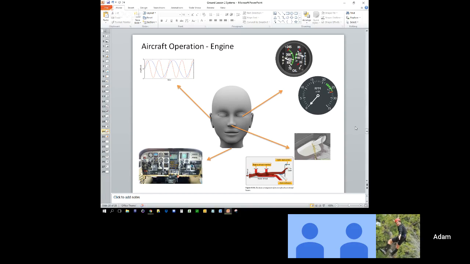So I made this kind of crude visual, but you've got your pilot and you're flying your airplane. And as far as engine operation, normal and abnormal operation goes, you're going to see it, you're going to feel it, and potentially you're going to smell it. From the very first day you start flying airplanes, you're going to be taught how to listen to the engine and what it's giving you from a feedback perspective, from a noise perspective. Does it sound like it's running optimally?